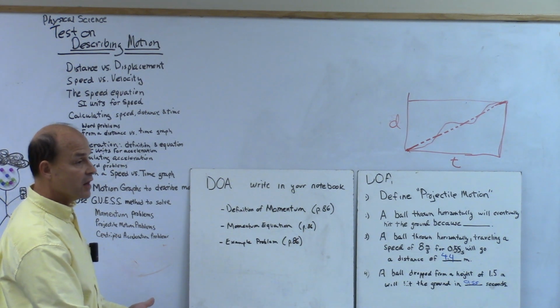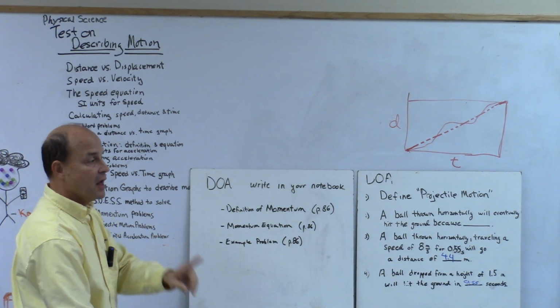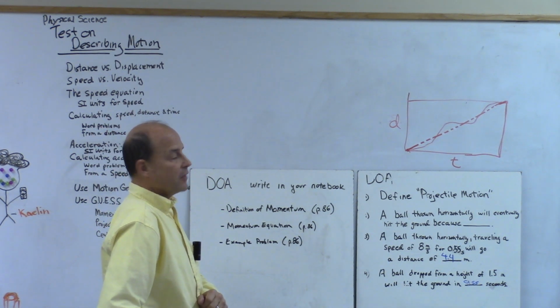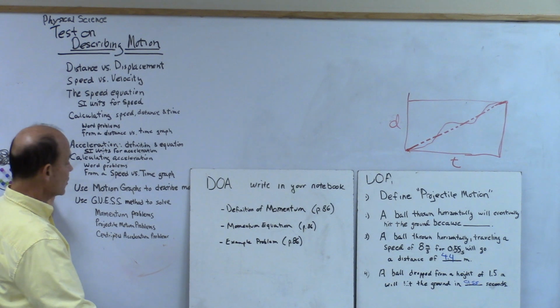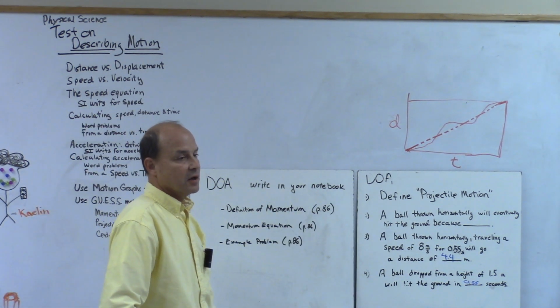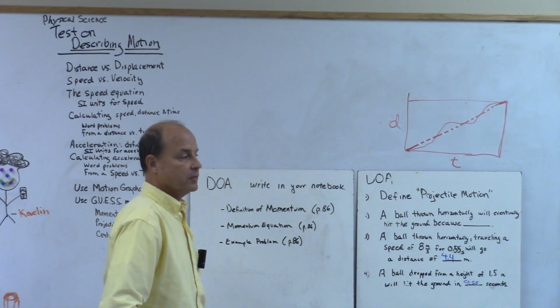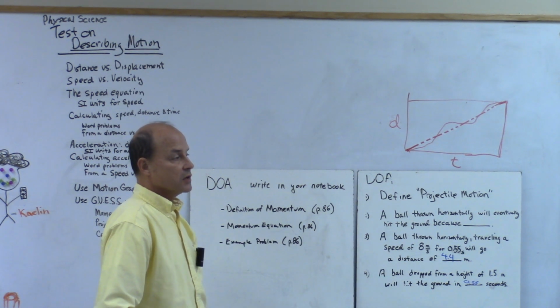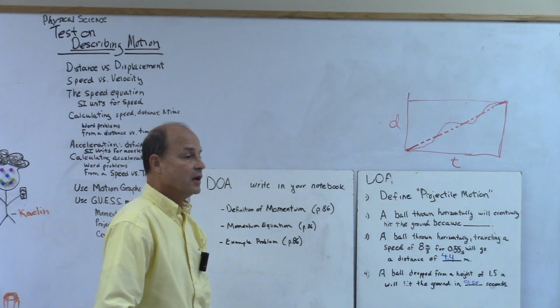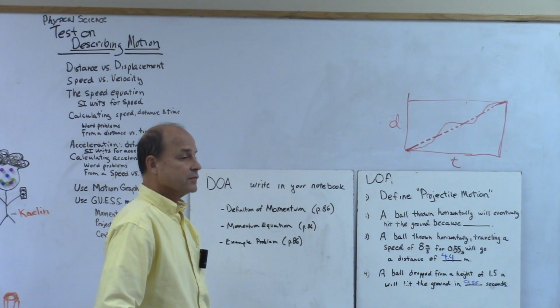You'll be given an equation. You'll have to pick the correct one, and then you just substitute and solve, and that is the GUESS method. So basically, it's everything that was on the quiz plus these last items on momentum and projectile motion. But these word problems you'll just be able to plug and chug on. So that is the review for the test, just telling you what all is going to be on it.